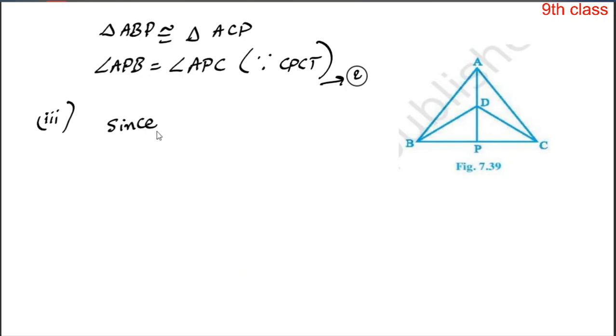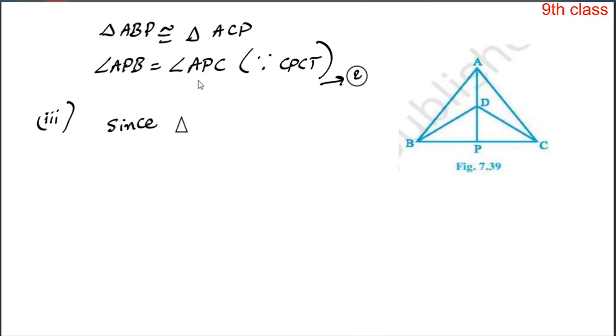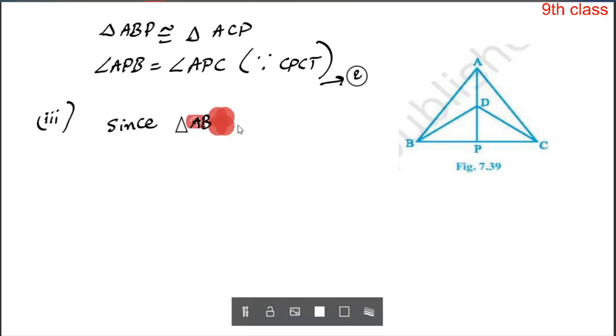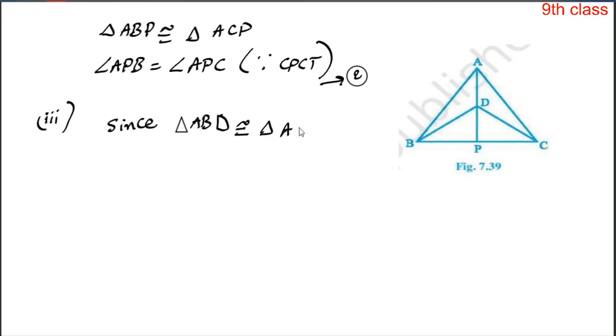Since triangle ABD is congruent to triangle ACD, angle ADB is equal to angle ADC by CPCT.